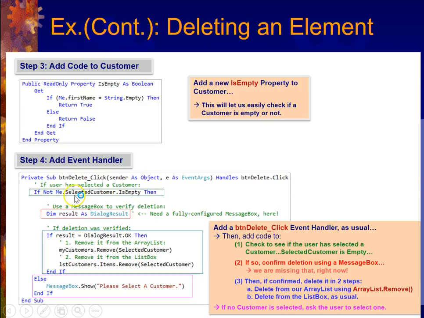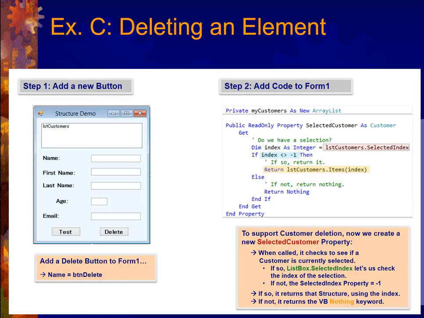And so we have this customer called selected customer. And that's the customer that the user has clicked on. And so we need to construct a selected customer as well. So going back to the previous screen, we construct the selected customer. Remember we said that we want to make sure that a customer is selected.